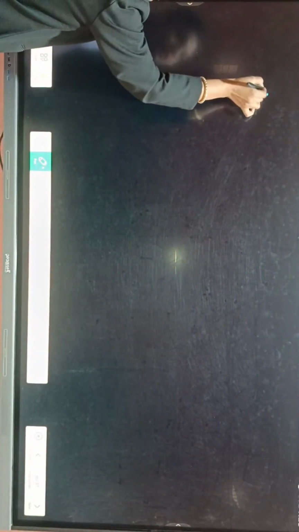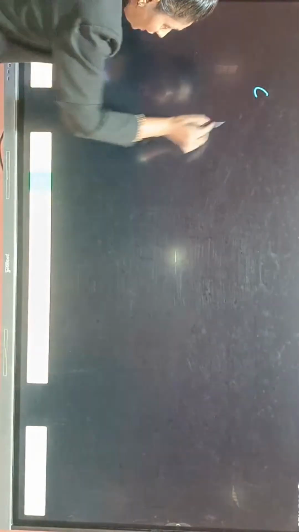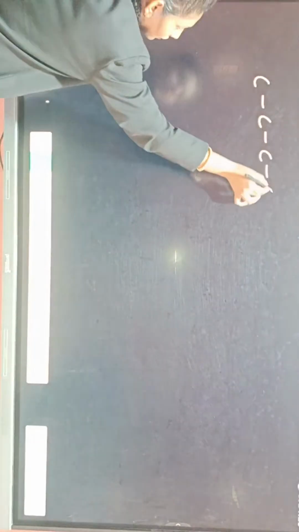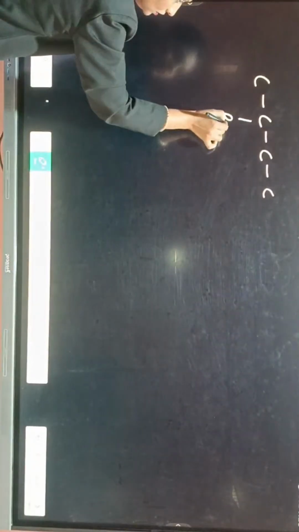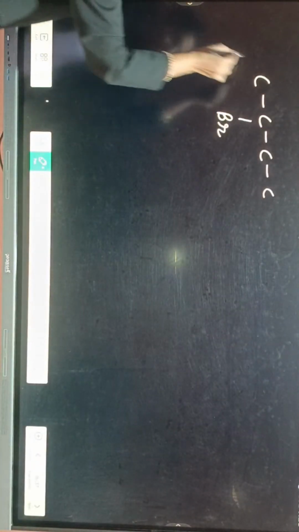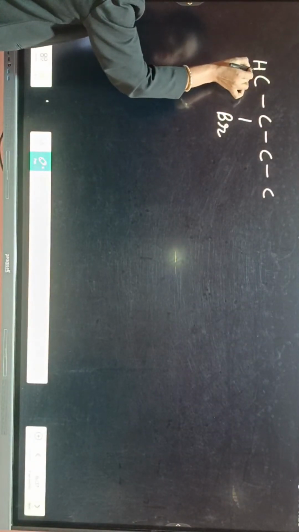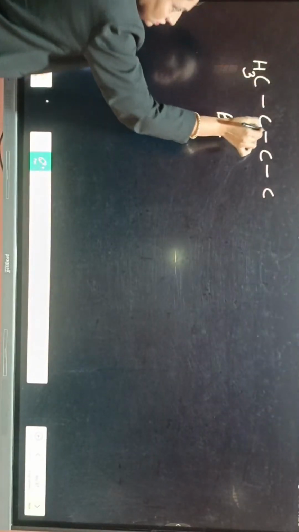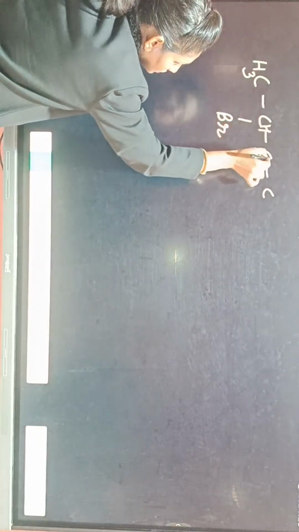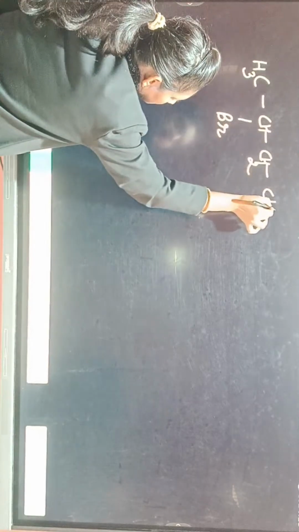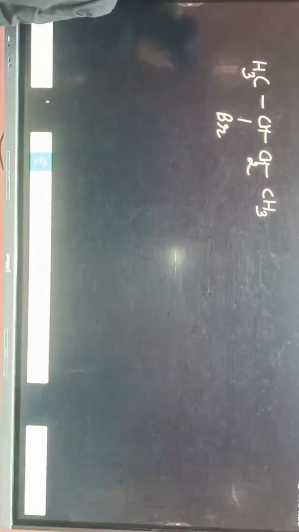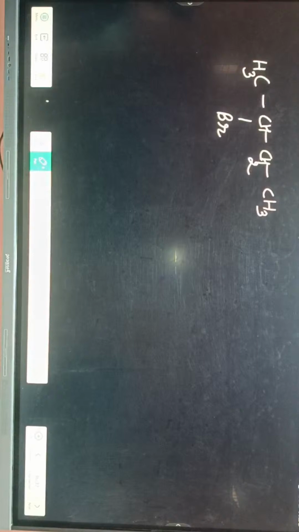sometimes if you have 2-bromobutane like this, 1, 2, 3, 4, 2-bromobutane, CH3, CH, CH2, CH3. Try to understand, students.